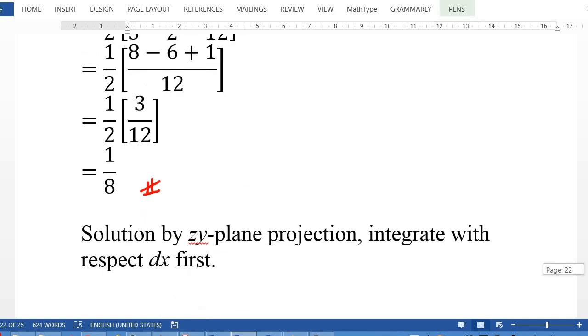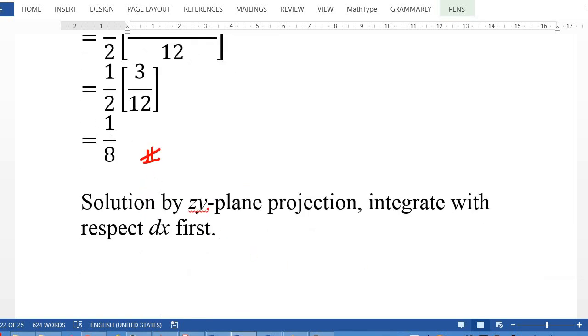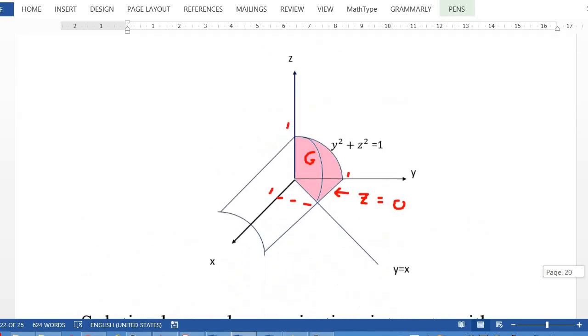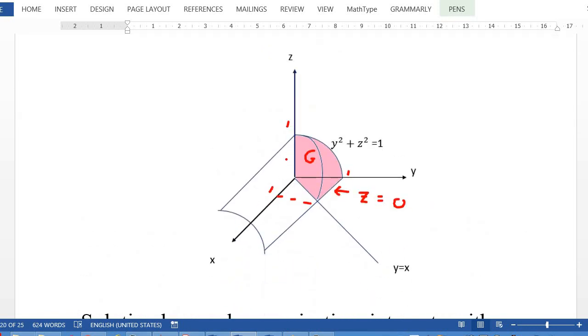If you want to solve it by the zy plane projection, then you integrate with respect to x first. You can view this solid and easily see the zy plane projection. Then you integrate with respect to x. The cylinder here, you view it parallel.